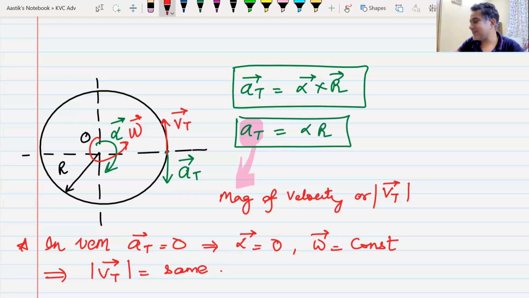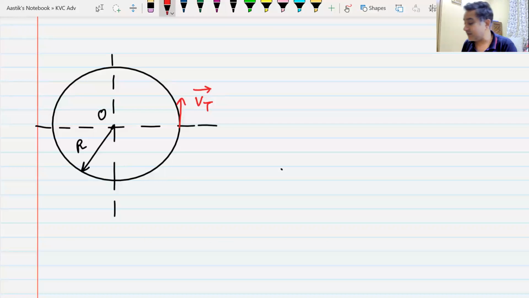We don't know, sir. What is the gentleman that changes the direction of velocity? Centripetal acceleration, sir? Centripetal acceleration. That is absolutely correct.